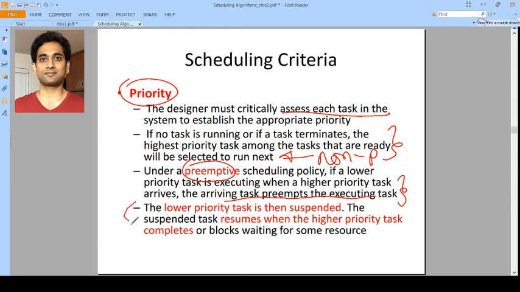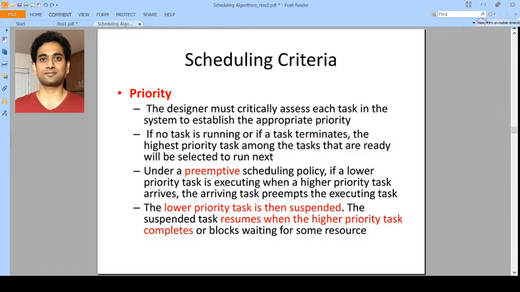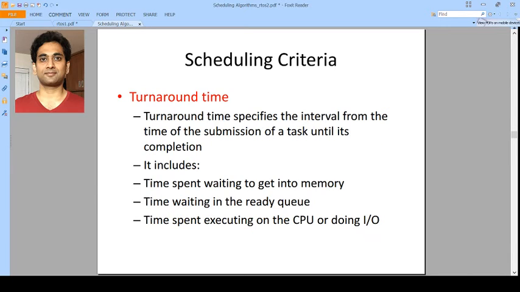So the lower priority task is then suspended and resumes when the higher priority task completes, or the higher priority task blocks waiting for some resource. So we have a non-preemptive priority based scheduling algorithm, or a preemptive priority based scheduling algorithm.